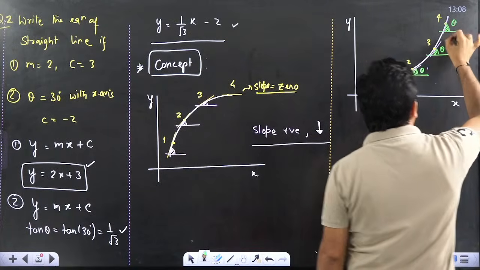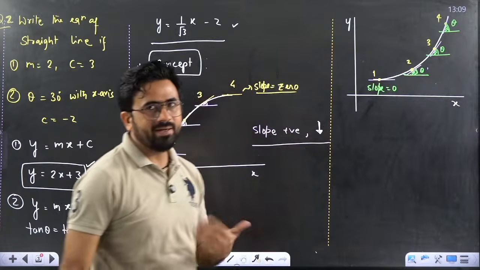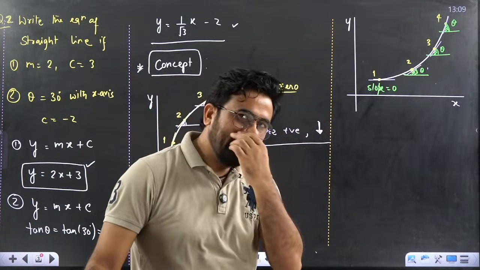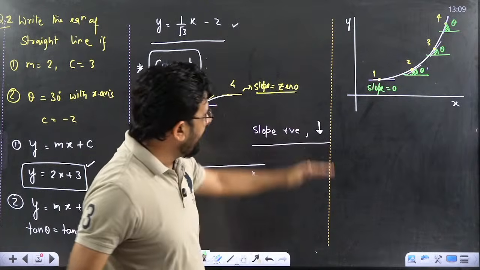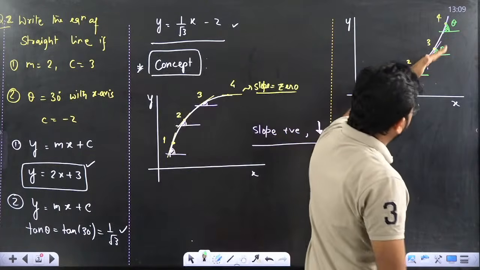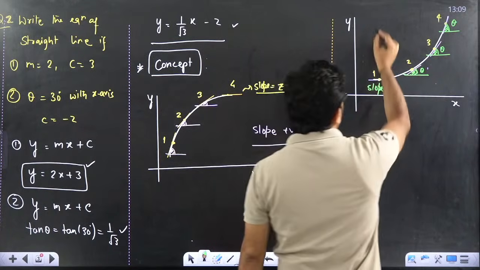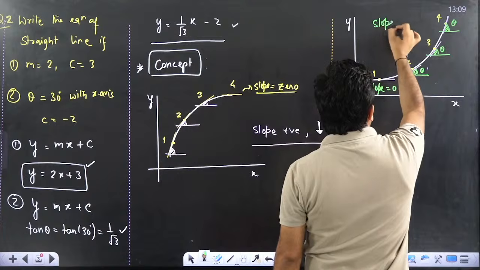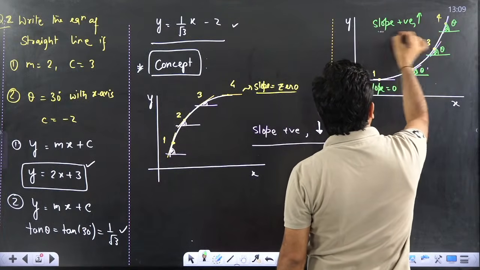This theta is continuously increasing. Theta increasing means tan theta increasing. Tan theta increasing means slope is increasing. And again you can see this straight line having positive slope. That means here also slope is positive and increasing.